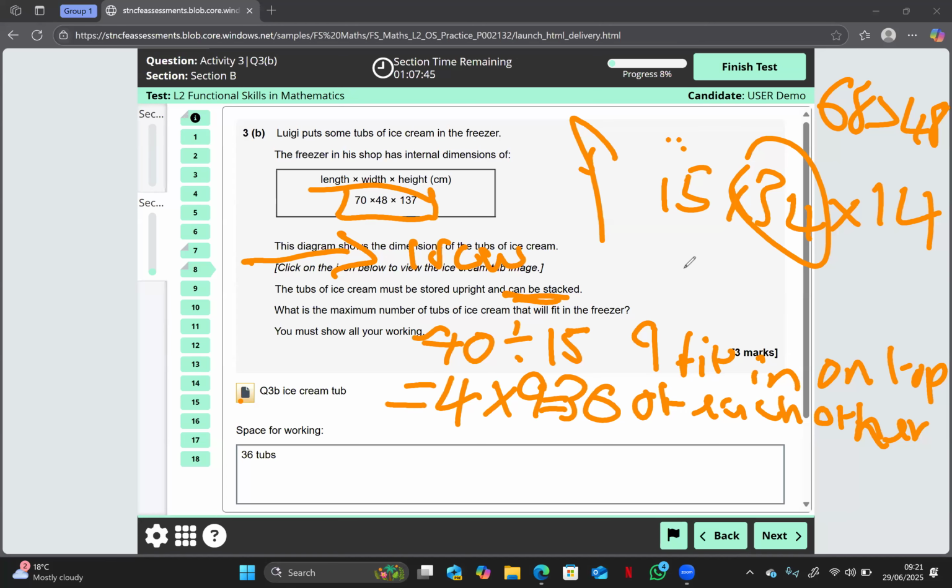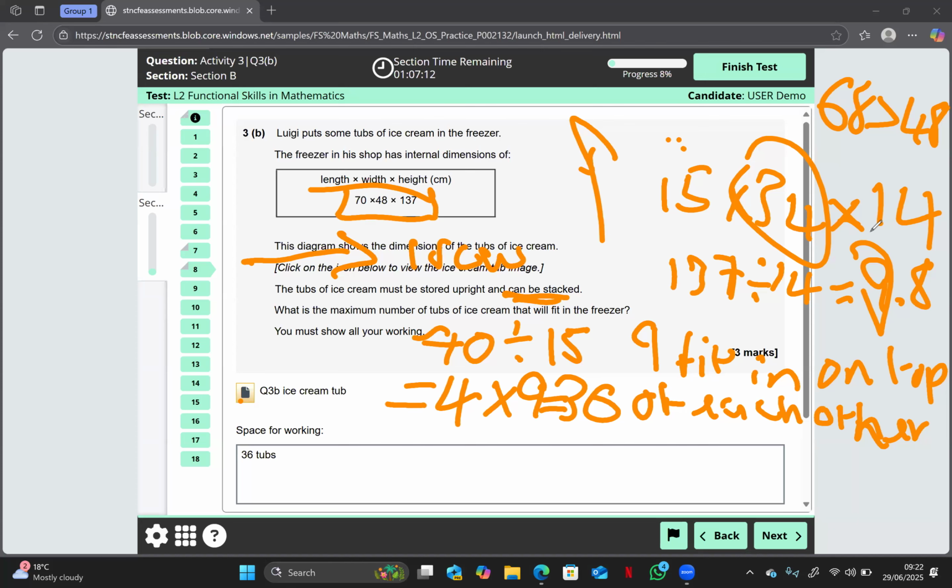Then we know that 137, which is the height here, divided by 14 equals 9.8, which means that there can be nine whole ones stacked on top of each other.